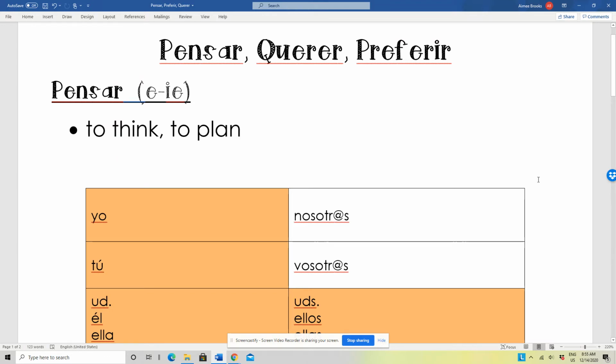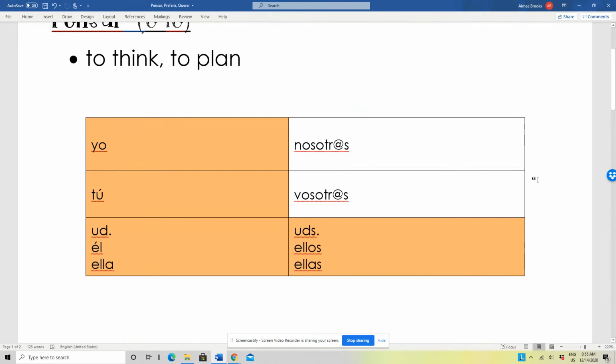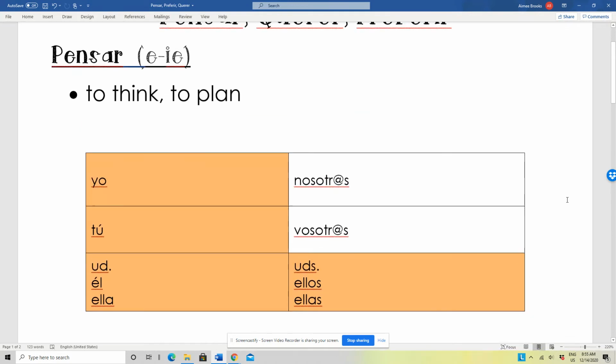Like I said at the beginning of the year, we were going to be reviewing and relearning stem changing verbs. So that's what we're doing right now in this unit. We are going to focus on E to IE stem changing verbs. For those of you who need a refresher, stem changing verbs only have that vowel stem change in these four forms.